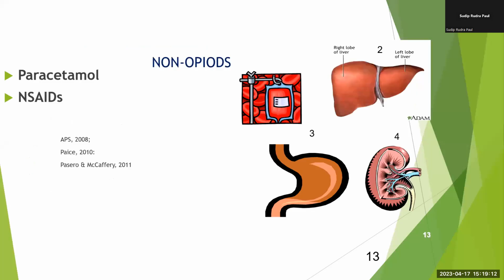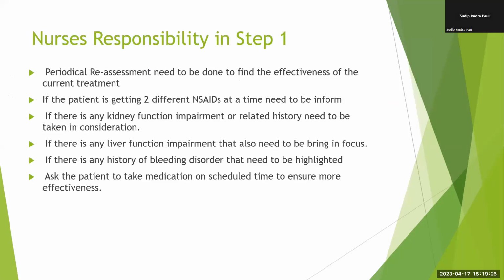What are the side effects? Maybe liver function impairment, kidney function impairment, sometimes gastric irritation. And for a patient with a history of bleeding, we should not use NSAIDs, because NSAIDs increase the bleeding tendency. These are the things we need to keep in mind.